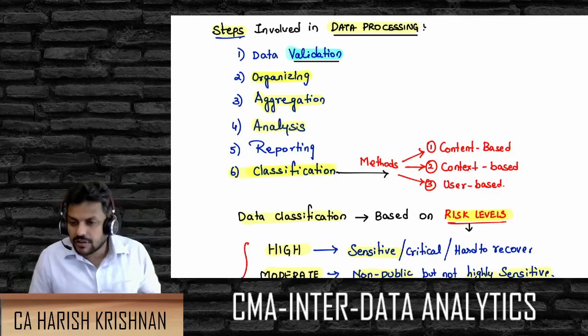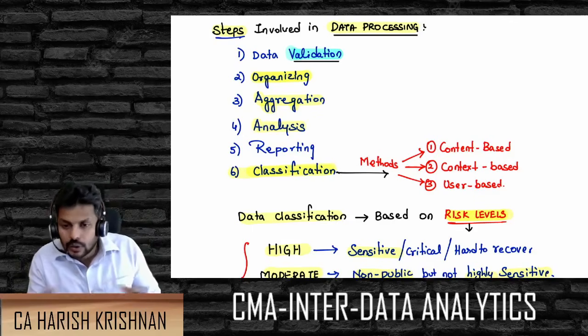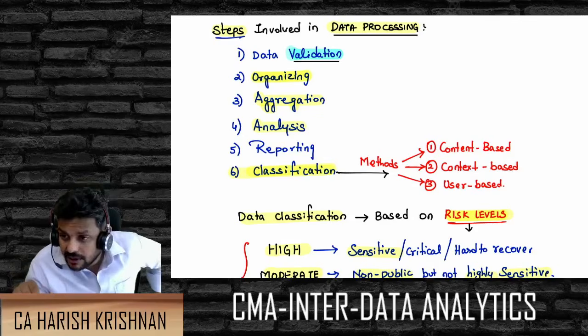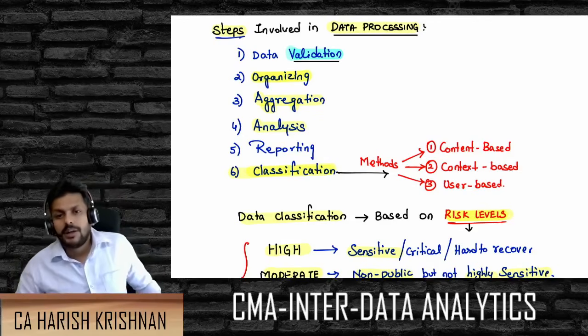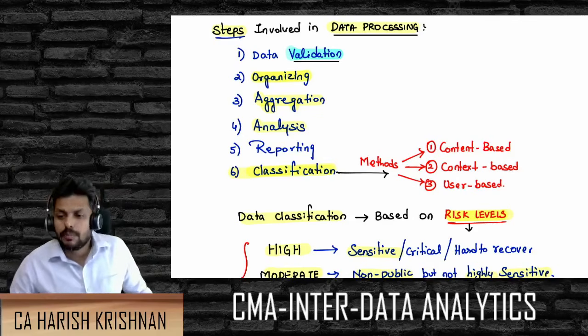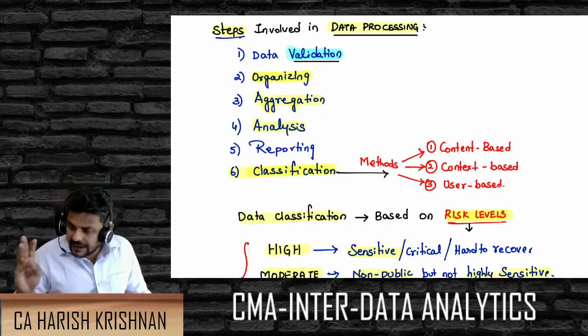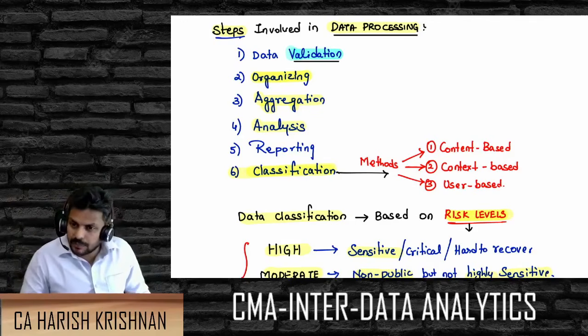Aggregation means grouping all the relevant data in one place. Analysis is when you apply a model on all the data and find out which falls where. And then a very important point is reporting, putting it in the form of a report which could be used by management to make decisions. Data validation, organization, aggregation, analysis, reporting.